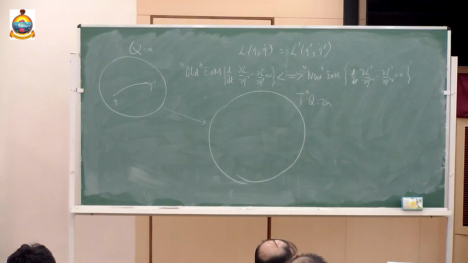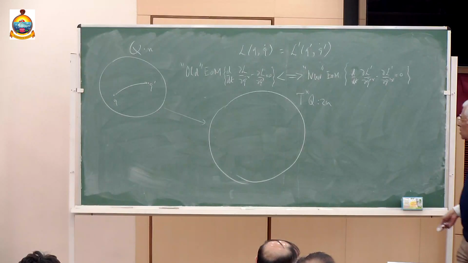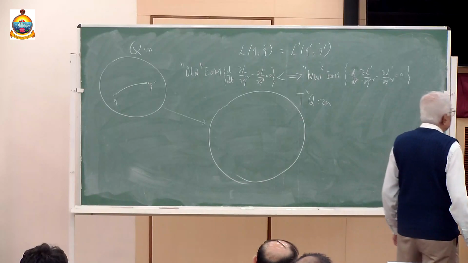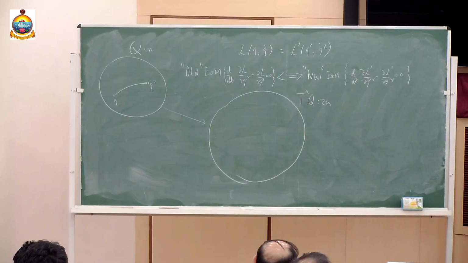I mean, this is a modern way of doing things. Now, my whole course is in the old fashioned language, but wherever possible, surreptitiously I should slip in some of the modern points of view. So, I want you to appreciate the momentum variables are there in a mathematical sense, not in a physical sense, once you tell me what capital Q is.